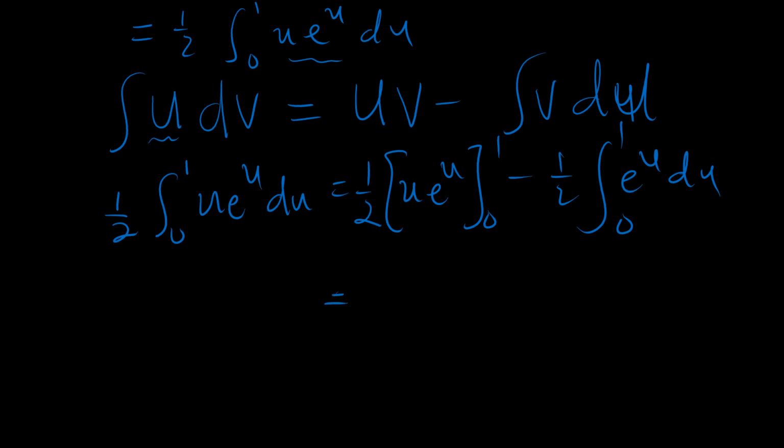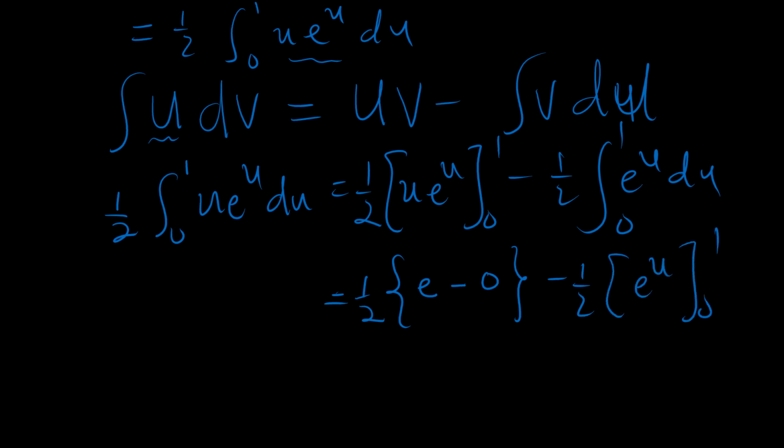So this is the same as a half on the upper side, when u equals 1, we have 1 times e to the power 1, minus, when u equals 0, this is 0 times e to the power 0, which is 0, minus half e to the power u, 0 to 1. The integral of e to the power u is e to the power u, and so this becomes a half times e minus a half on the lower side.